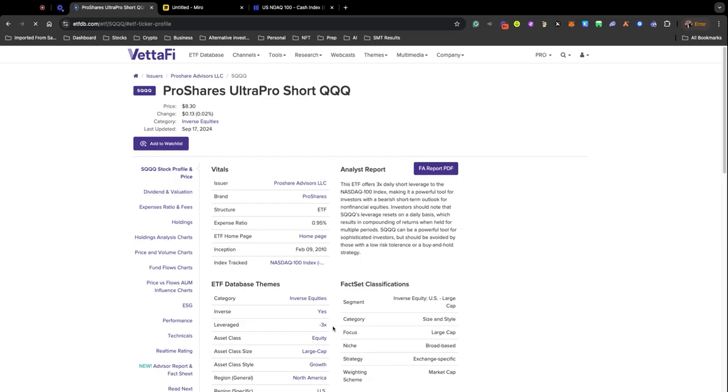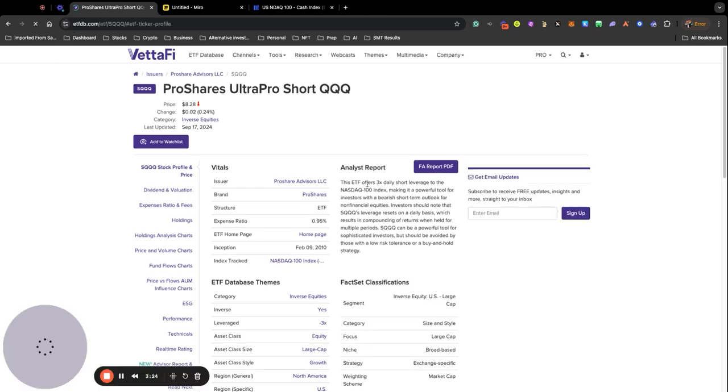So this is inverse ETF, and basically it offers 3 times short leverage on the index CFD, on the Nasdaq index. This is when you have a short-term outlook of the market. Just remember that shorting is always short-term.